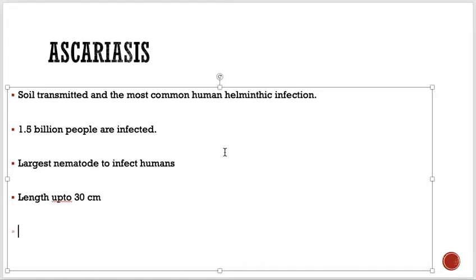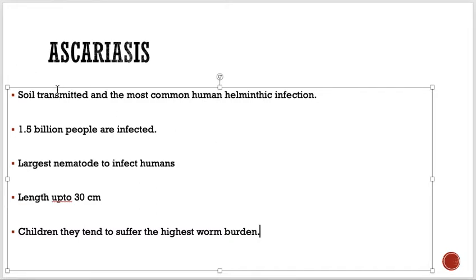But most of the infections don't cause any signs and symptoms, so they go undiagnosed. Children tend to suffer the highest worm burden.